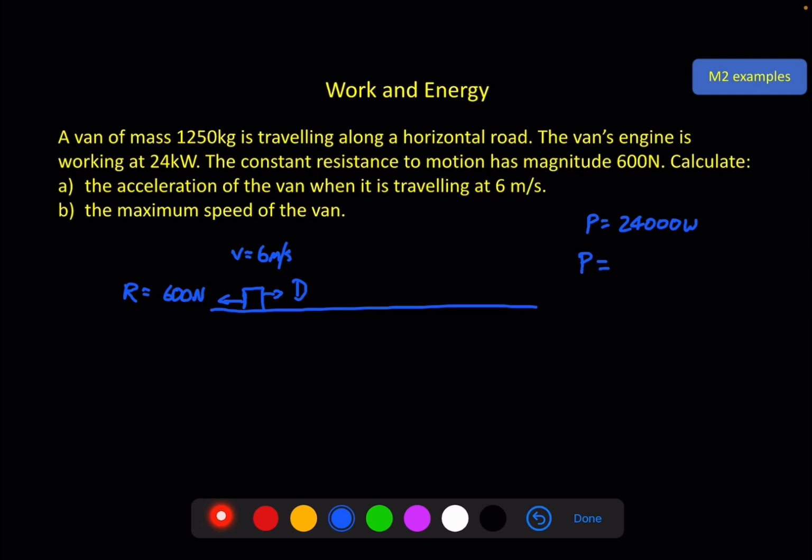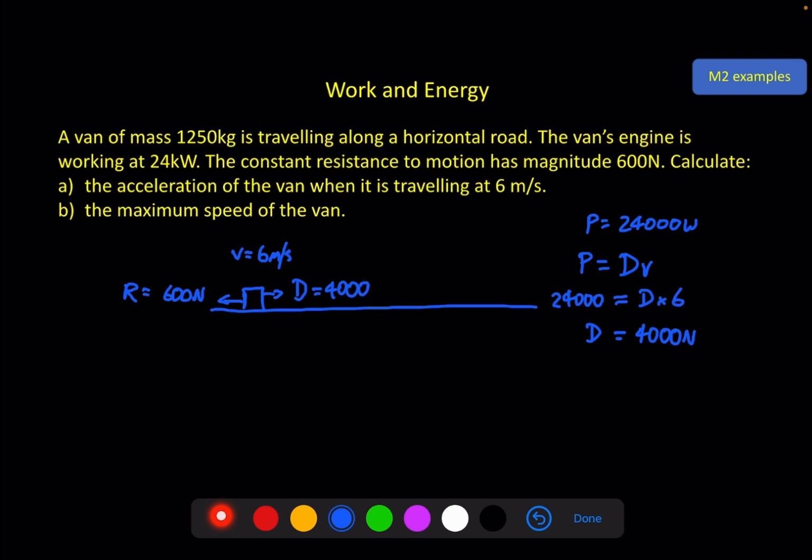So I would normally write Fv here, I'm going to write Dv, the driving force of the engine times the velocity. So 24,000 watts of power at 6 meters per second means the engine is giving me a force of 4,000 newtons.